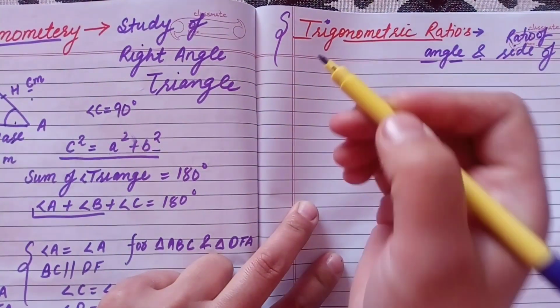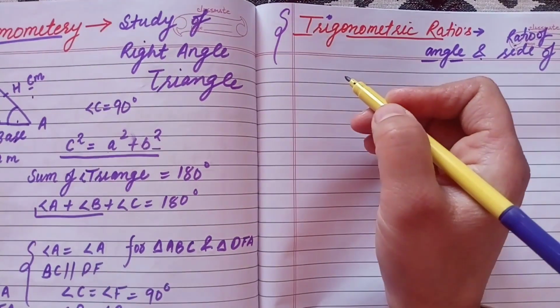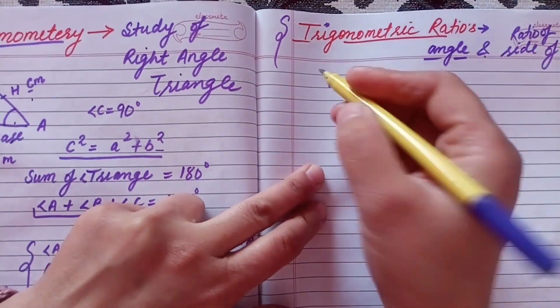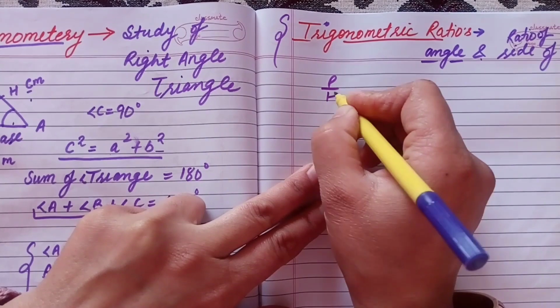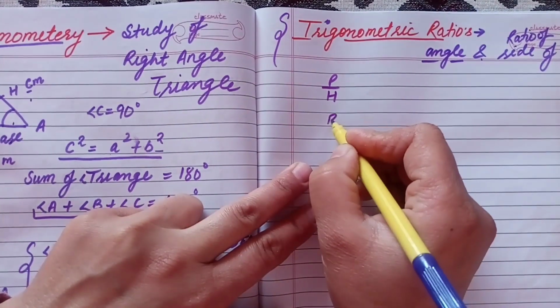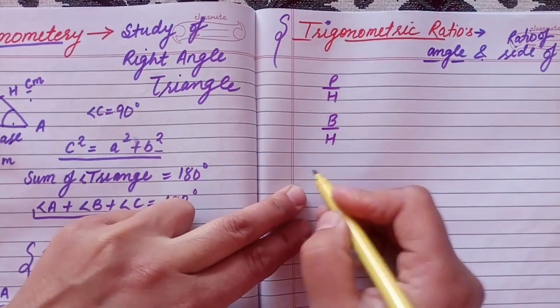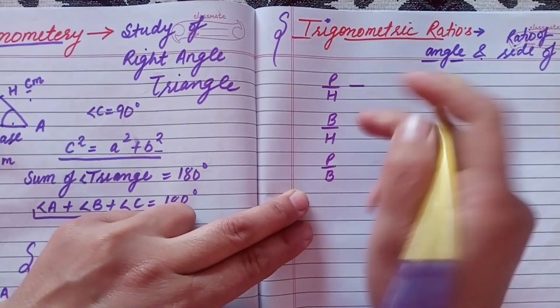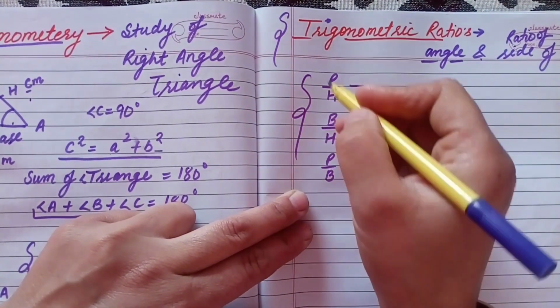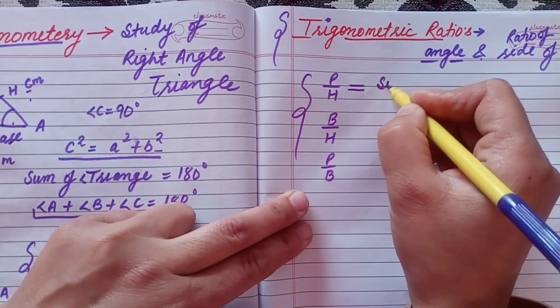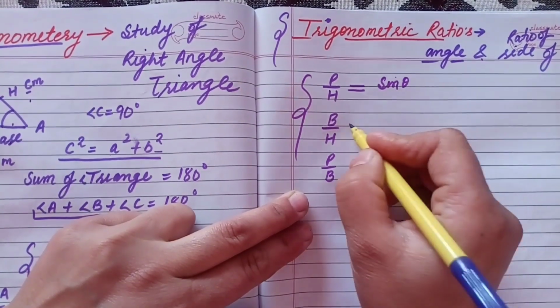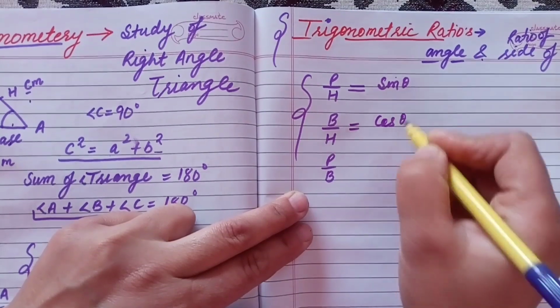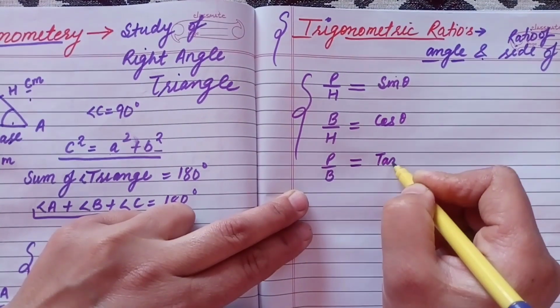Commonly these ratios have names: the first ratio is P upon H, the second is B upon H, and the third is P upon B. We commonly use these three types of ratio. P upon H is sine of theta, B upon H is cos of theta, and P upon B is tangent of theta.